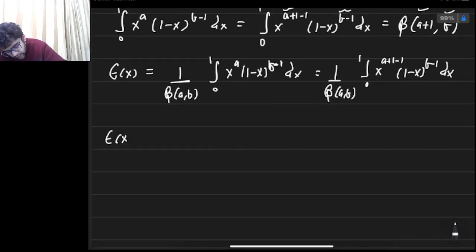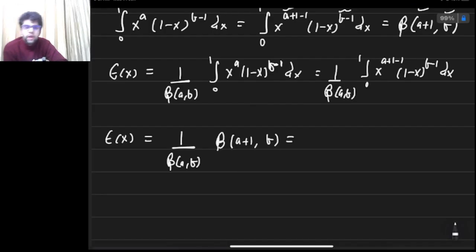So the expected value becomes finally 1 upon beta(a, b), and from 0 to 1 this was beta(a plus 1, b). Now if I just try to find the values, I can substitute the values of beta(a, b) and beta(a plus 1, b), right?